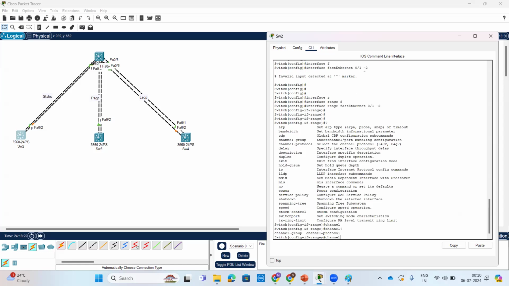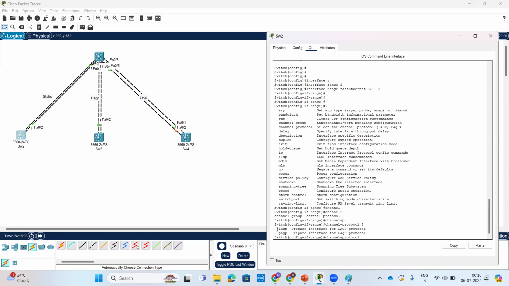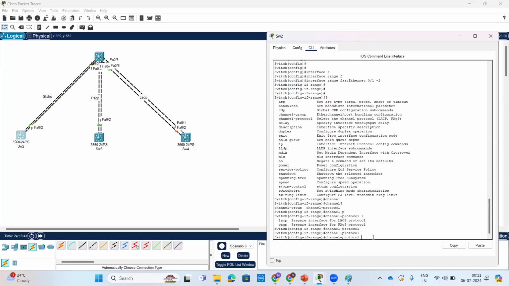Give the question mark: with the group option we configure it manually, and with the protocol option you can use PAgP or LACP.